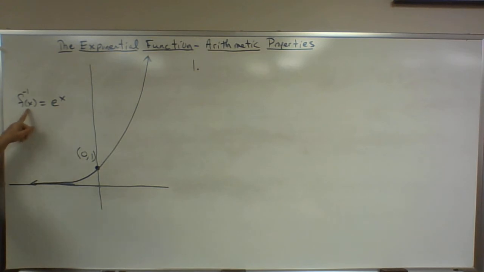F inverse will represent the y coordinate here. And this is a graph, just so we're clear on this point, this is the same as y equals e to the x.